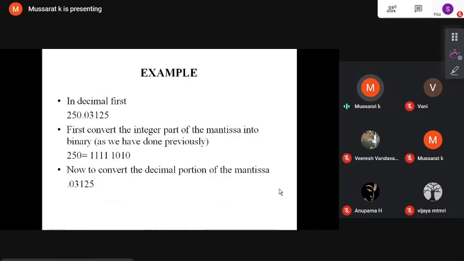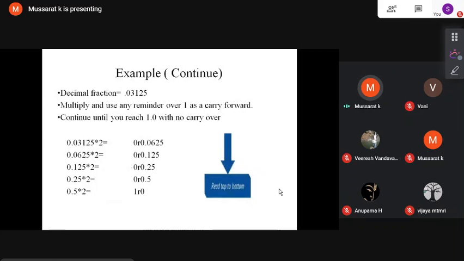Now we have to convert the part after the point to binary. We multiply by 2 and use any overflow over 1 as a carry forward, and continue this until we reach a 1 with no carry.